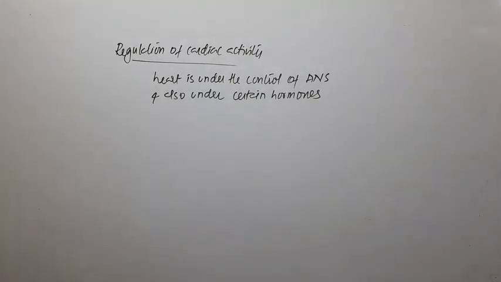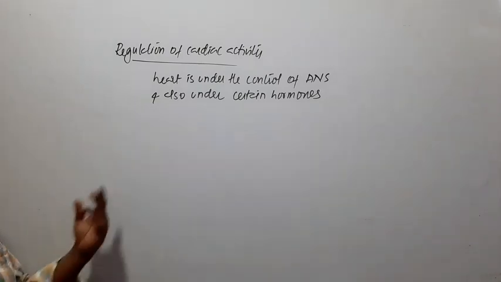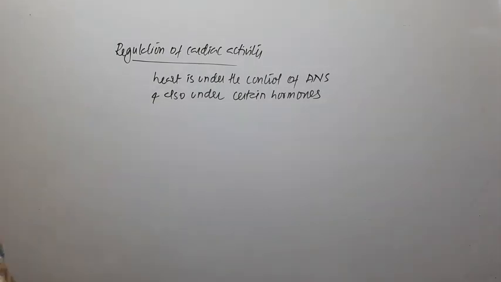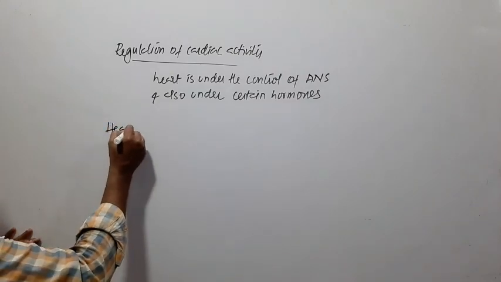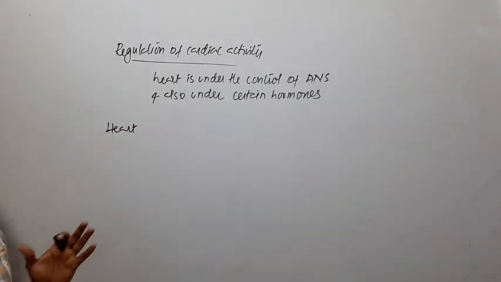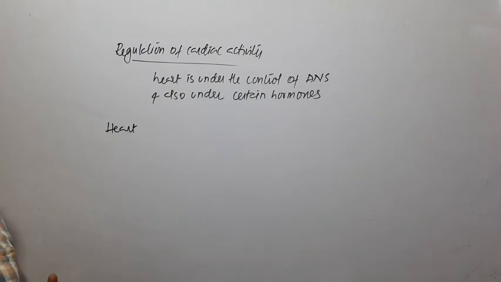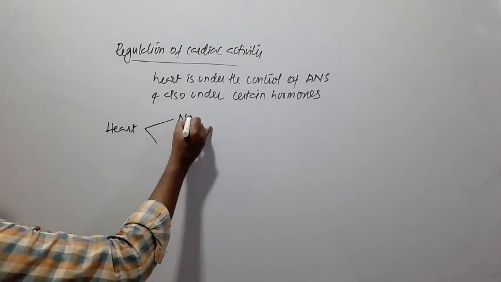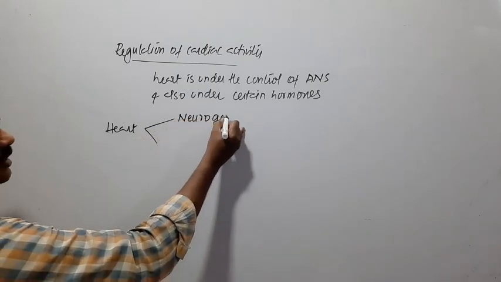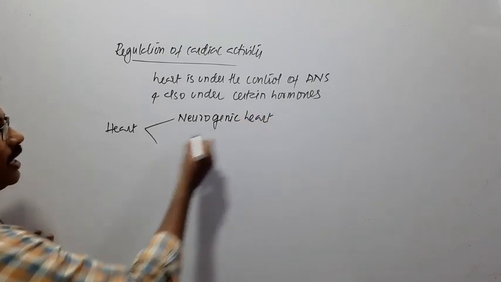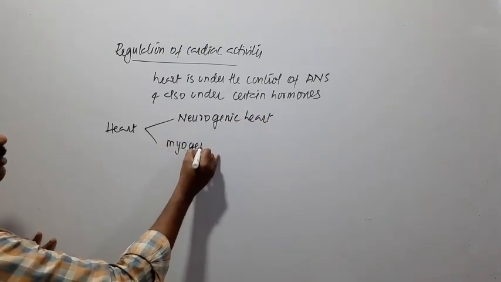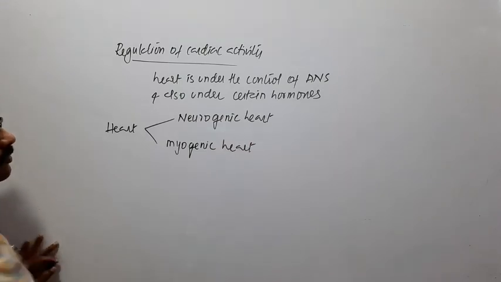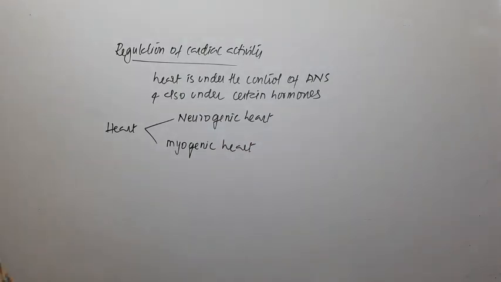Before I go into it, I would like to tell a few more things. The heart is of two types. In the entire animal kingdom, you may find two types of hearts: neurogenic heart and myogenic heart.